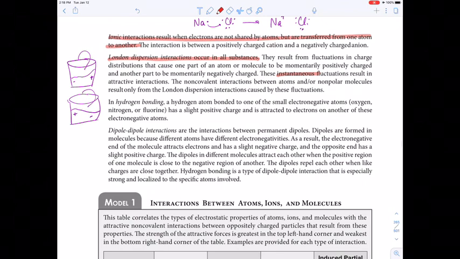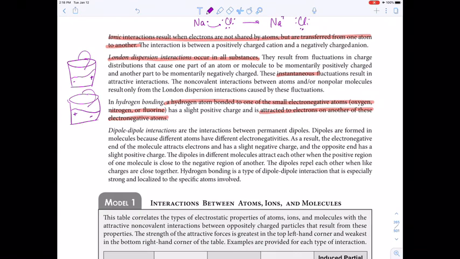In hydrogen bonding, a hydrogen atom bonded to one of the small electronegative atoms, okay, we need to highlight this, oxygen, nitrogen, or fluorine, has a slight positive charge and is attracted to the electrons in another one of these electronegative atoms.